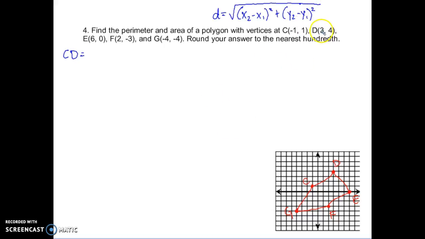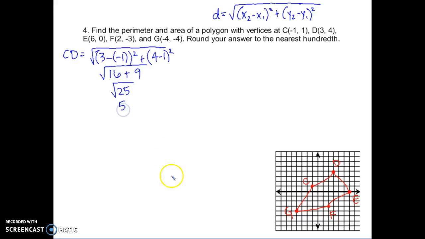For CD, x2 is 3. So I've got 3 minus -1 squared plus 4 minus 1 squared. 3 minus the negative becomes plus, 3 plus 1 is 4. 4 squared is 16. 4 minus 1 is 3, squared is 9. 16 plus 9 is 25. Square root is 5. So CD is 5 units long.